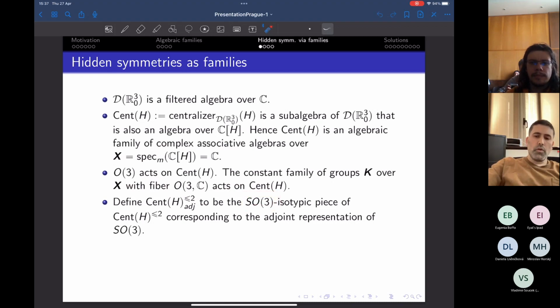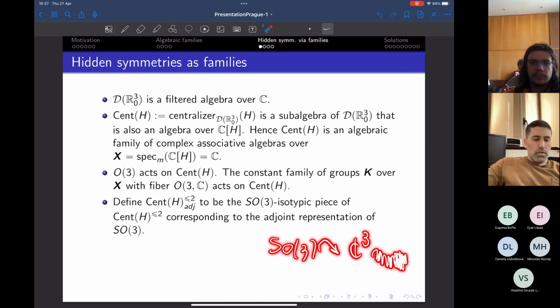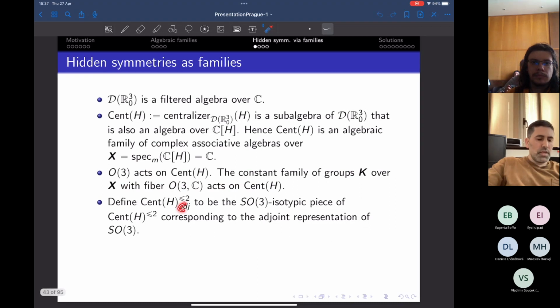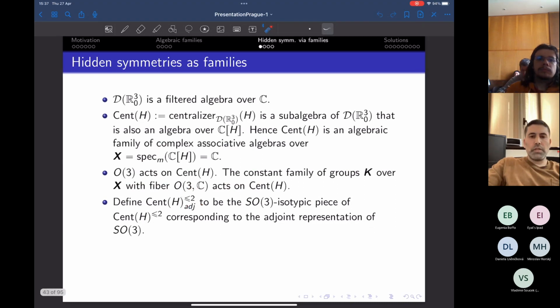I'm going to look at those pieces that are isomorphic to the adjoint representation of SO3 on its Lie algebra, if you want, the standard representation of SO3 on a complex three-dimensional vector space, the usual representation that you are all familiar with. So look at this piece, something with respect to the action of SO3 and something that takes into account the degree of a differential operator.